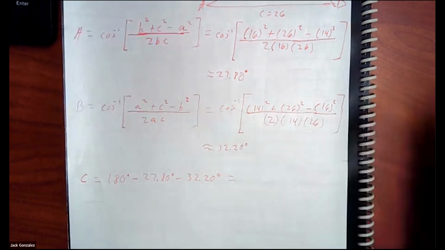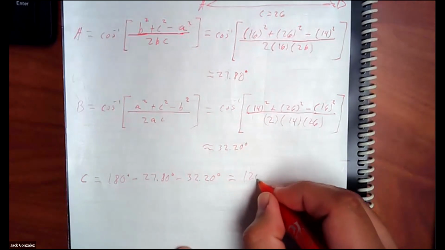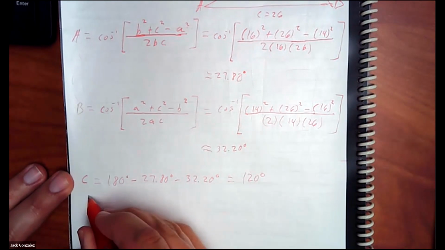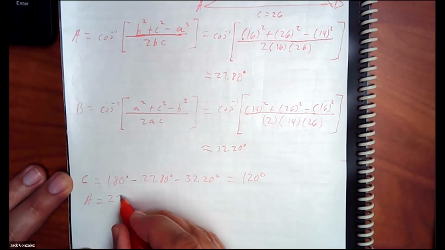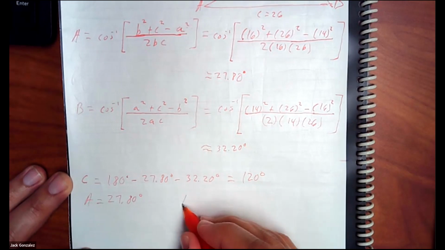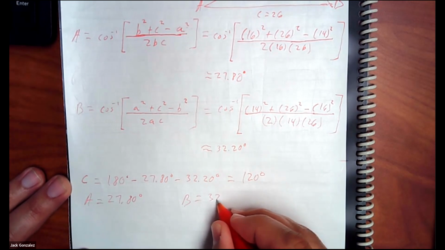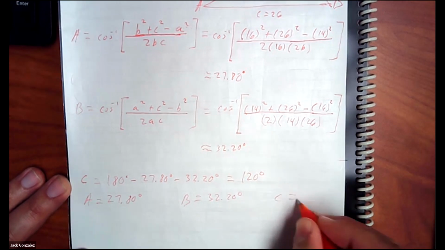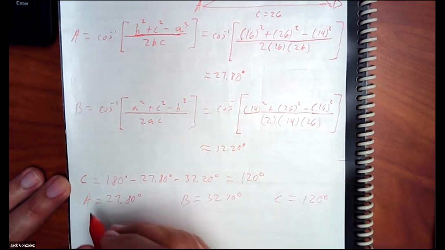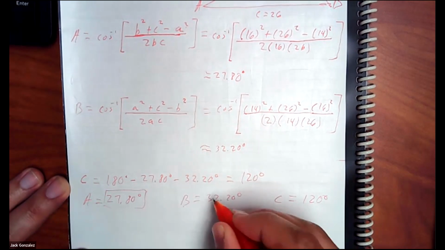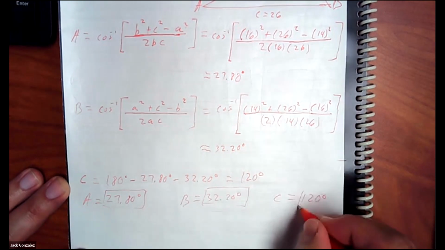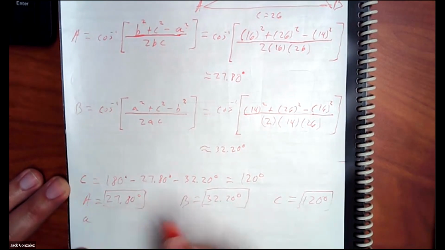That's it. 120. So capital A, put it all in one place. Capital B. And C, capital C. This is what we found just now. The rest was given to us.